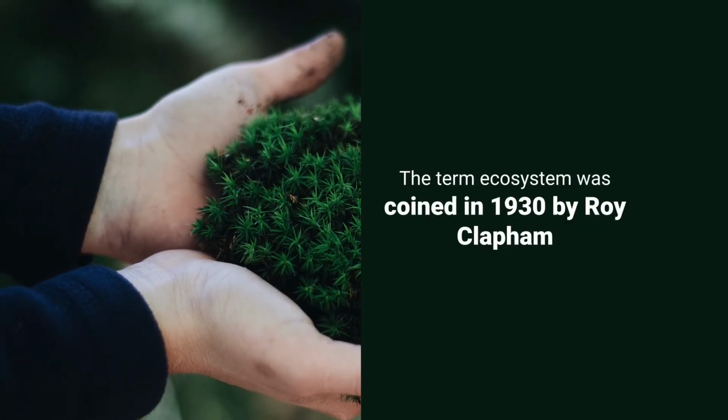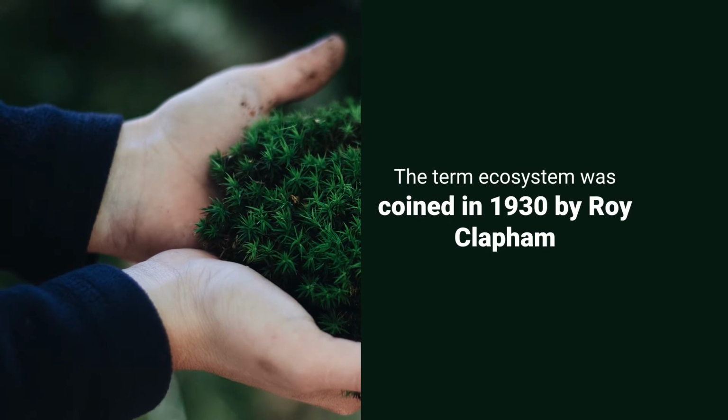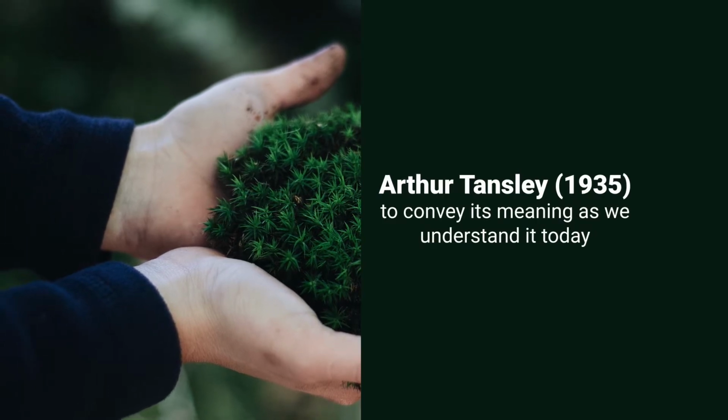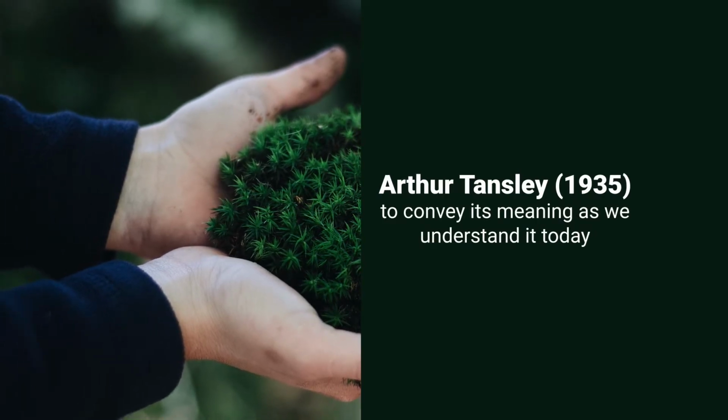This term was first coined in 1930 by Roy Clapham to mean the combined physical and biological components of an environment. But later, in 1965, British ecologists refined this term to what we understand today, which we will explain in the later stage of the session.